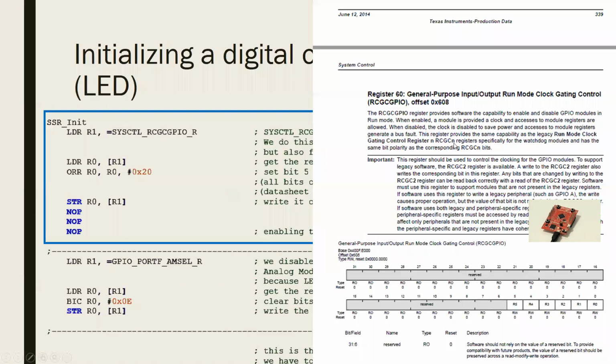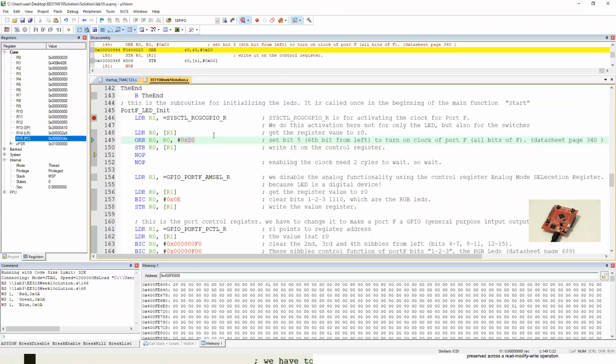To be able to do this, we are changing the values inside this register. If we make this 1, it will be feeding the port F with the clock. That's how we do it. Okay, so you remember it, I guess. Okay, that's what we've done.